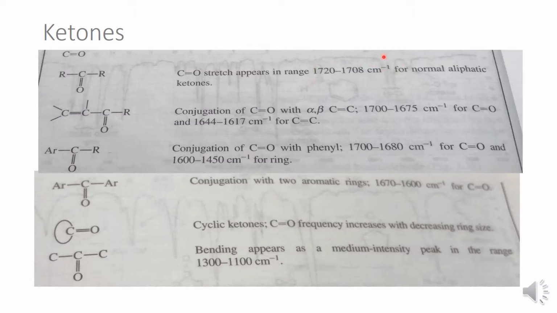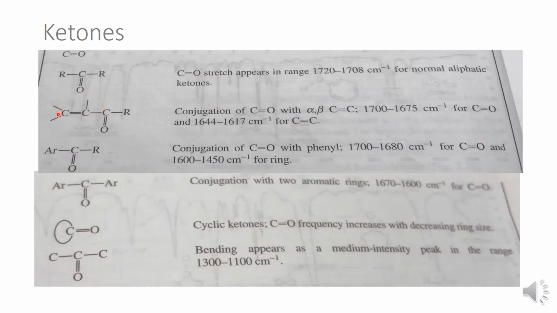If this frequency lowers, it is due to conjugation. We have discussed in earlier classes the factors which influence the carbonyl group frequency. There we discussed that conjugation, or conjugation with an aromatic ring, causes lowering of the carbonyl stretching frequency.